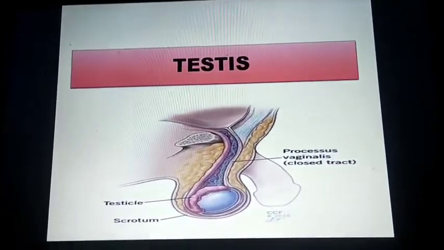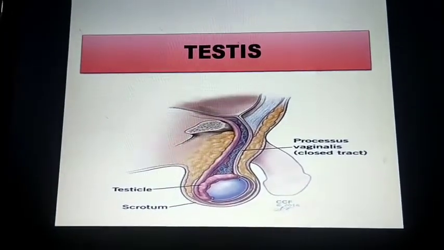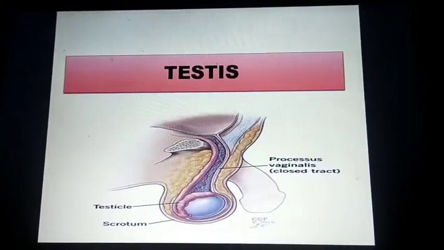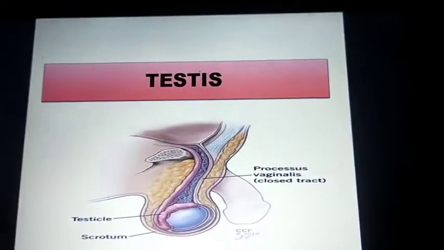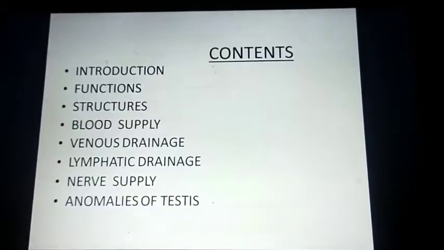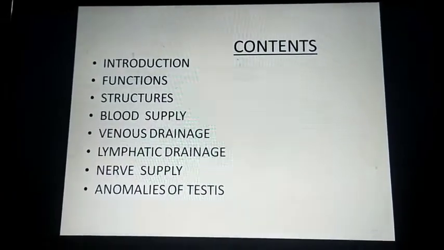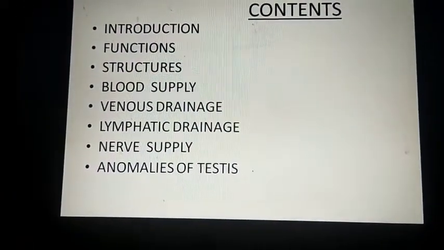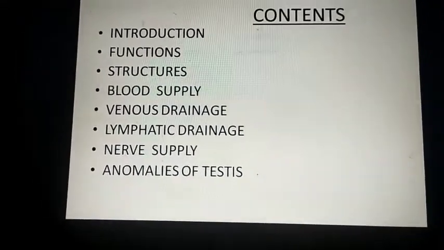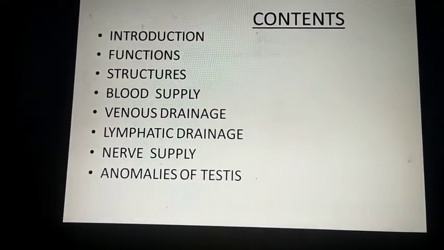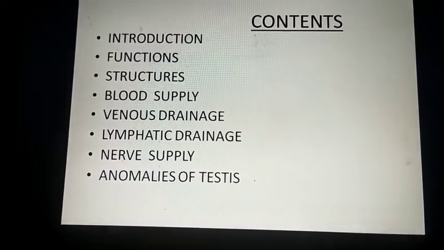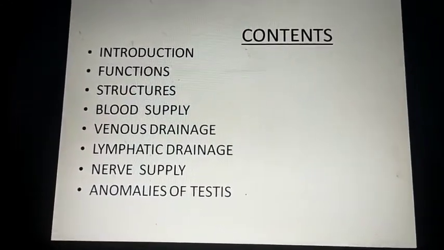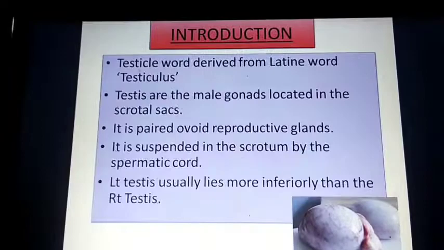I already explained the descent of the testis from intra-abdominal to outside the abdomen. In that we can go for the introduction, function, structures, blood supply, venous drainage, lymphatic drainage, nerve supply, and anomalies of the testis.